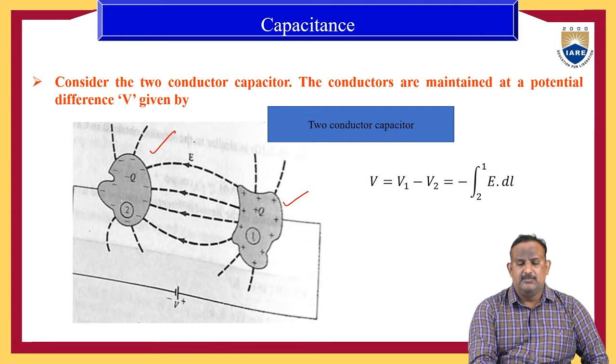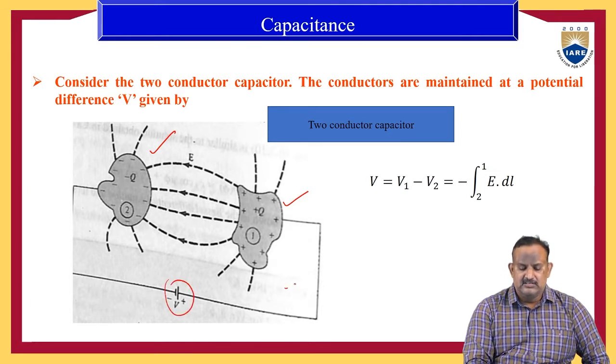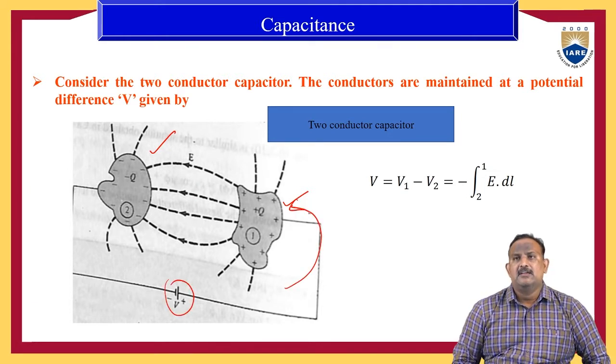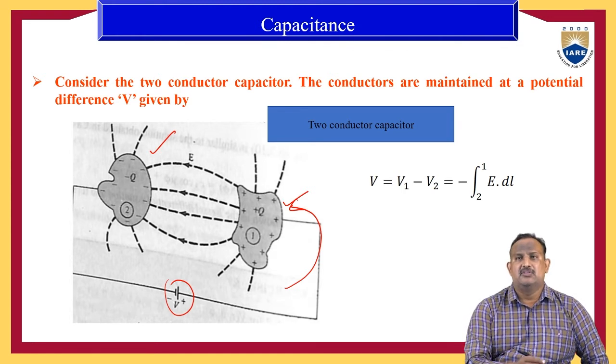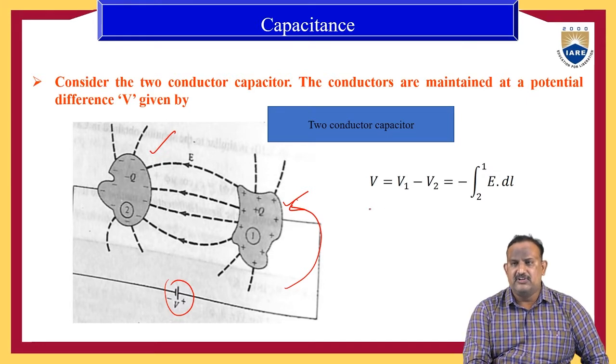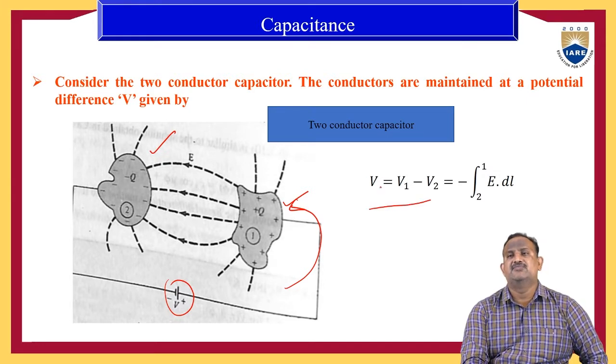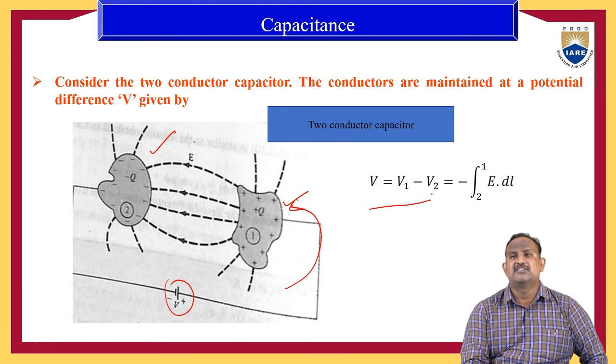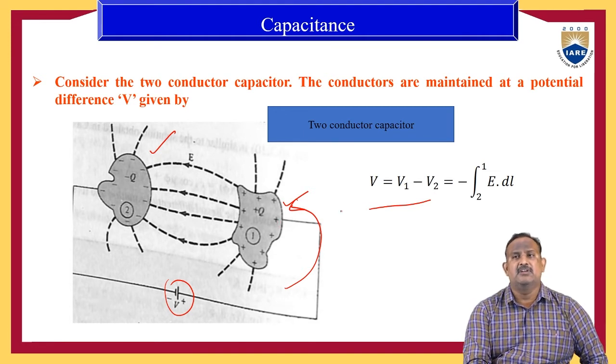Because of the application of some voltage, some current flows through the circuit. Whenever current flows, it will induce some voltage, and here we can find the potential difference between the two conductors. The potential difference is V is equal to V1 minus V2, where V1 is the potential of conductor 1 and V2 is the potential of conductor 2.